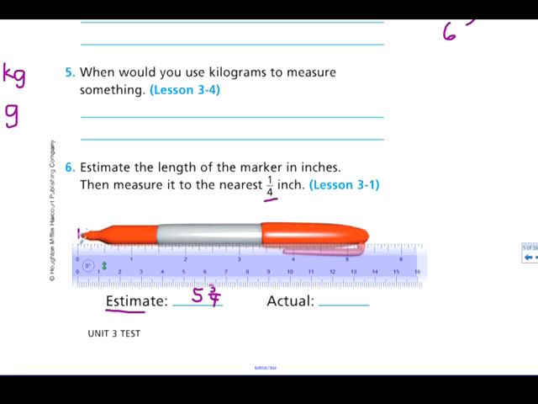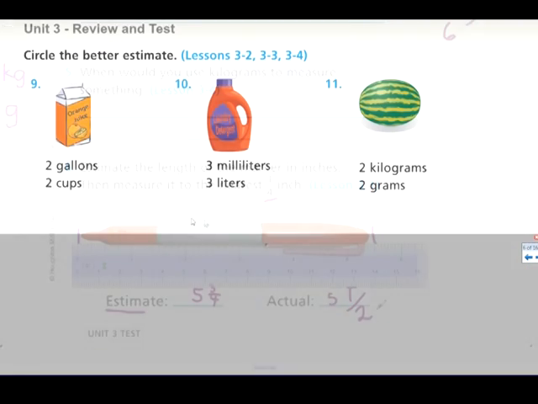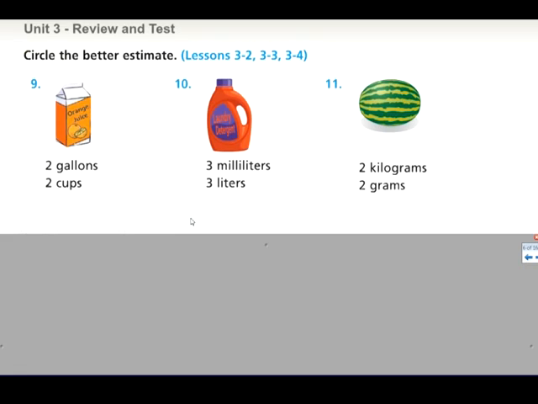Let's see, it starts right here and it ends right about there. So it was actually 5 1/2 inches long. Oops, my ruler wants to take over. 5 1/2 inches long.